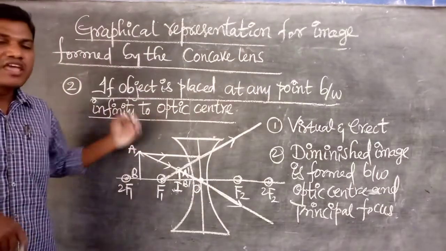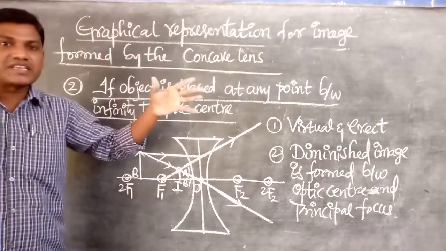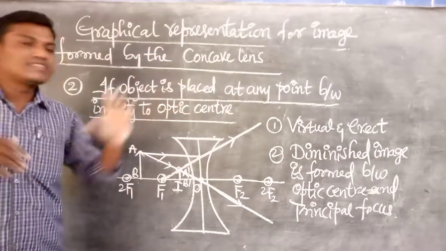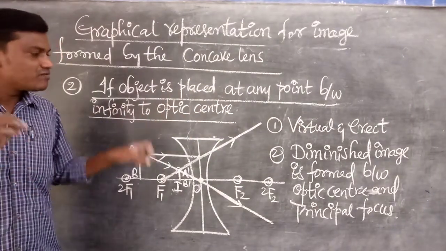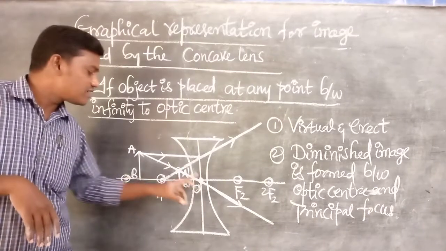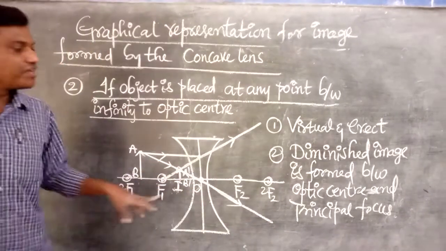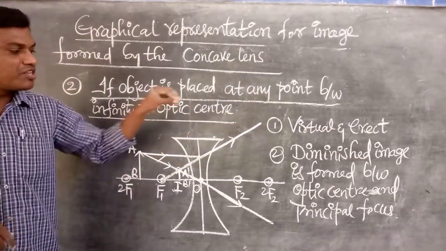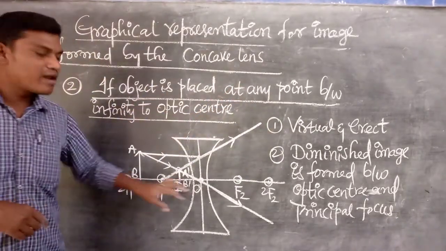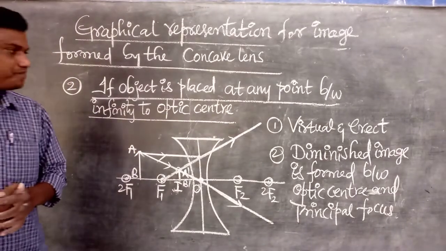The second is when the object is placed anywhere from infinity to the optic center: the image is formed between the optic center and the principal focus. It is also virtual, erect and diminished. We observe this manner in correcting the myopia eye defect.